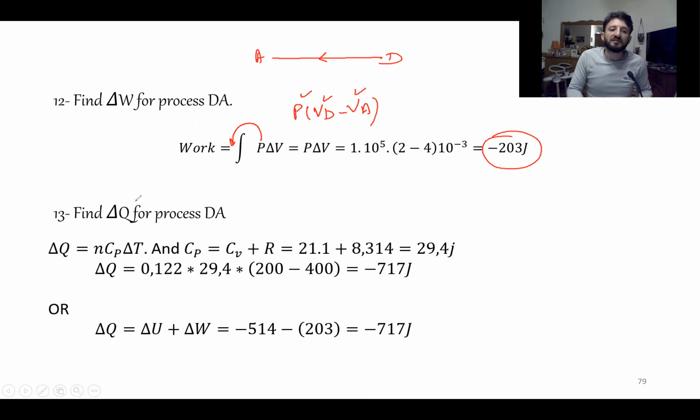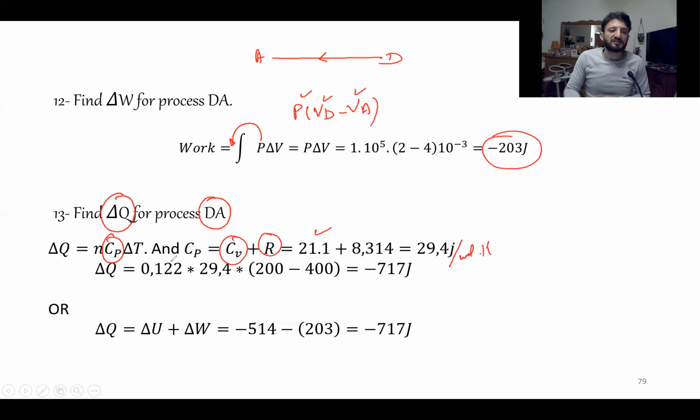Okay? Finally, find dQ of DA. Anyway, in the case of DA, we have a constant P. We can use delta Q equals NCp delta T. We can calculate Cp equals Cv plus R. We have this one, we can calculate Cp, which is in joule divided by mole Kelvin.